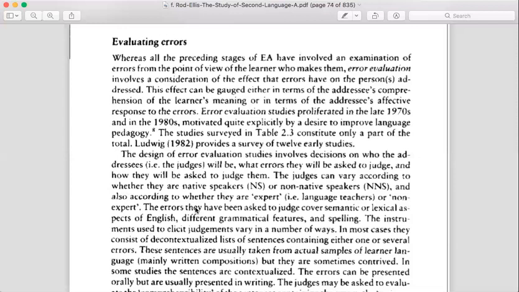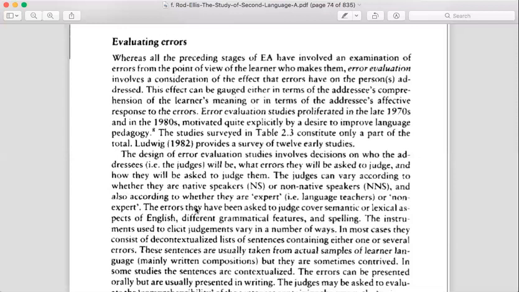Maybe I might be working on some particular structures to improve the language of my students. So I would just see if they are still making errors or what kind of errors they are making and what might be the sources of those errors. So I would just ask the examiners to look for particular structural errors or one structure error. So it really depends what errors are asked to be judged, right?